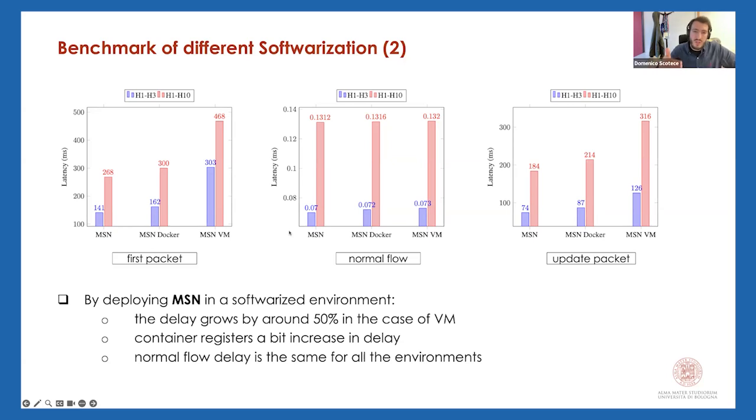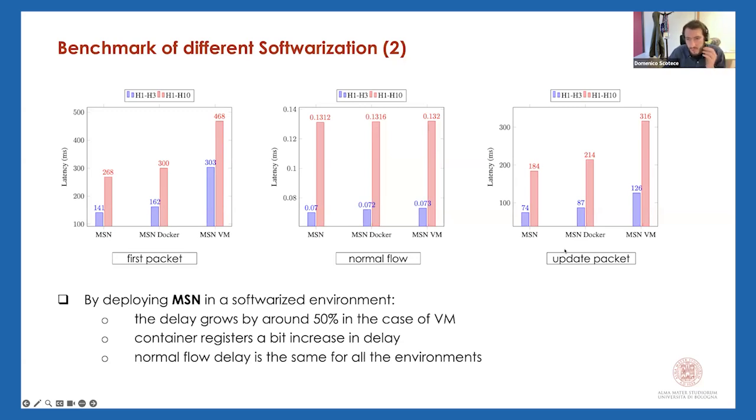Normal flow means the communication between H1 and H3, for instance, or H1 and H10, when the rule is actually alive. So the flow doesn't go through the controller. It's just the network delay between H1 and H3, or H1 and H10. So this is called the normal flow. The normal flow is the same because the packet does not have to pass to the controller, so it is the network delay.